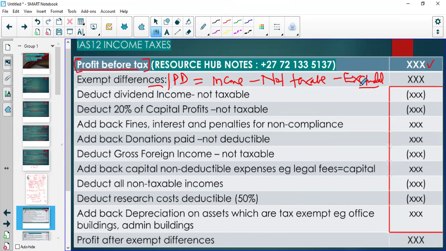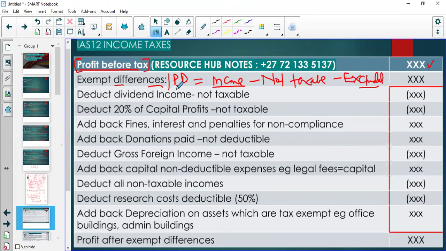So the taxable income is the final amount from which we are going to pay tax. Right? Taxable income, then we apply the tax rate to the taxable income. So if something is exempt and it is income, then it should be subtracted.